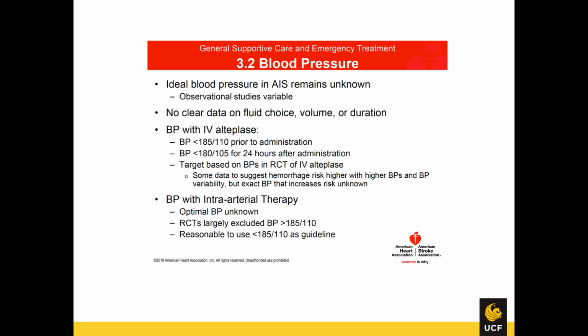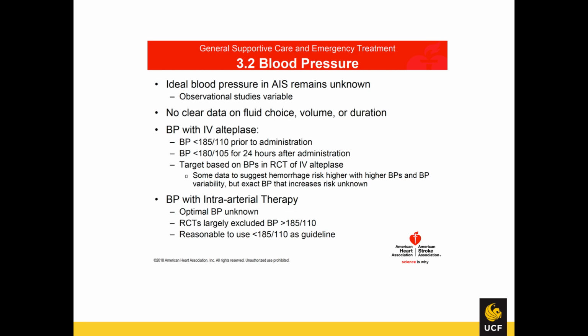Blood pressure with IV alteplase. You want to keep the pressure less than 185 over 110 prior to administration and less than 180 over 105 for 24 hours after administration. Targets are based on blood pressure in RCTs of IV alteplase.